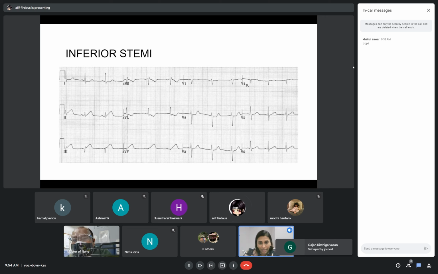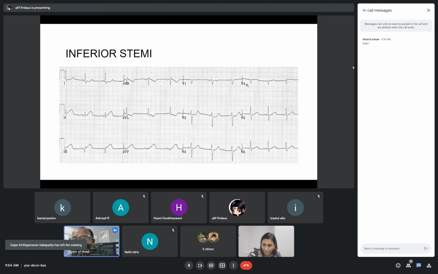Look at AVL. The limb leads have no raised ST yet. ST elevation is not very obvious, but the reciprocal change has already taken place. You see the ST depression with T inversion. So when a patient comes with chest pain, if the ECG is not suggestive, concentrate on the reciprocal side. Inferior MI usually shows this. And one more thing you must be aware of, in inferior MI, the ST elevation in lead 3 is usually more prominent than lead 2.